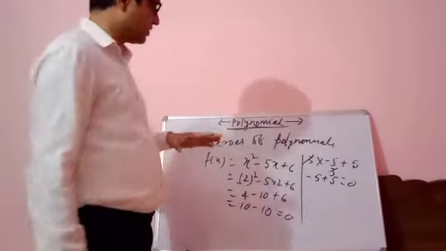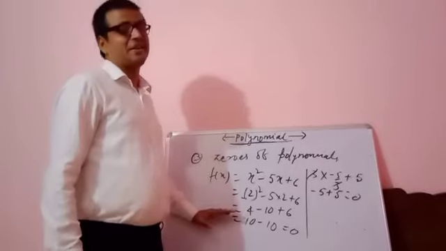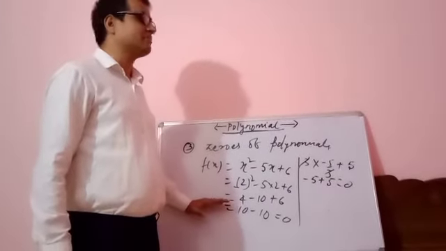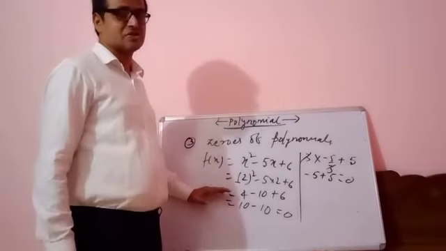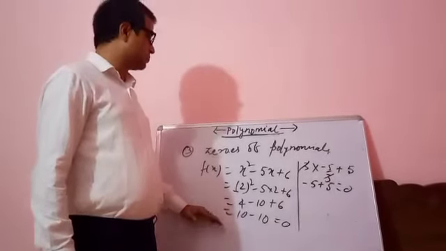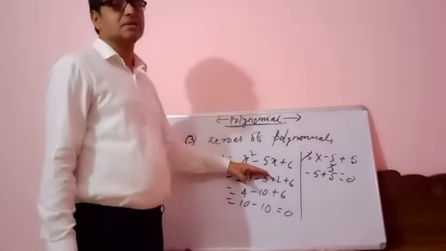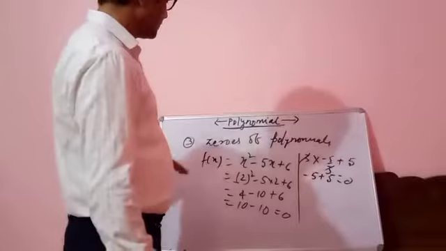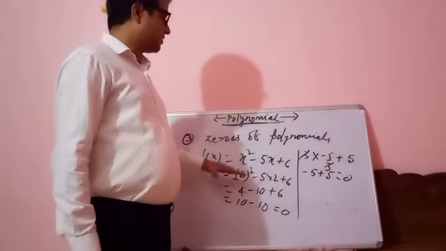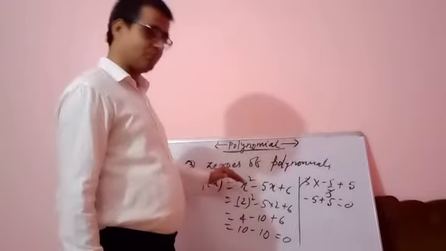Once you know all these concepts, probably you won't have any problem doing the questions from the exercises. This I told you is the hit and try method. What is another method, I will tell you in the next video. In that we'll tell you how to find the zeros of the polynomial. Thank you.